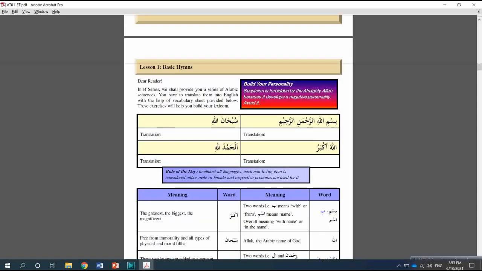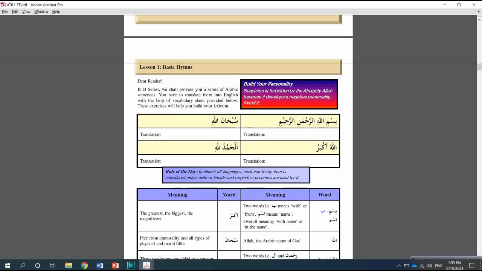So I will also suggest that you start now with the book AG01. These are some assignments available for you, where an Arabic sentence is available to you, and the meaning of each word is also given to you. What you have to do is give the translation of these words. I shared with you one example, like Bismillah ar-Rahman ar-Rahim.